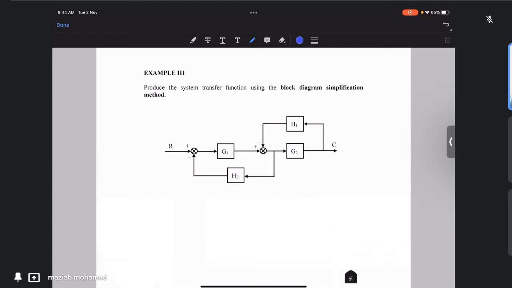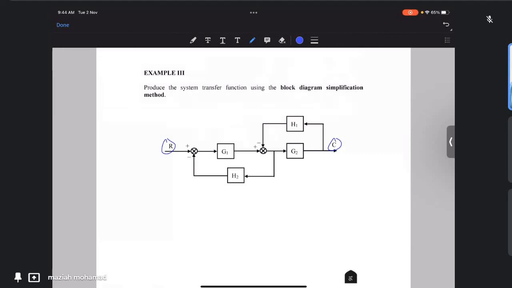Okay, let's do example 3. We're going to produce the system transfer function, which is the ratio of output and input, C over R, where C is the output and R is the input, using the block diagram simplification method. Let's determine what kind of blocks we have here.